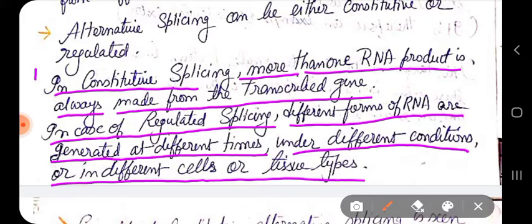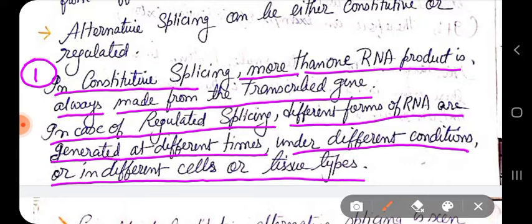So, in constitutive splicing, more than one RNA product will always be made from the transcribed gene, just like exon skipping, exon retaining, and intron retaining.